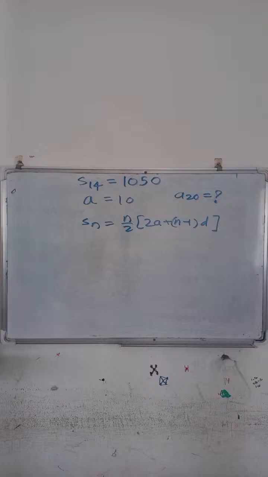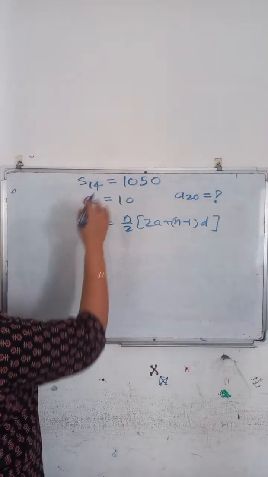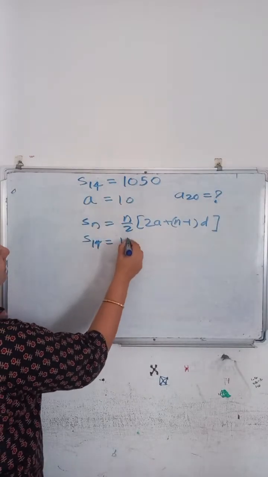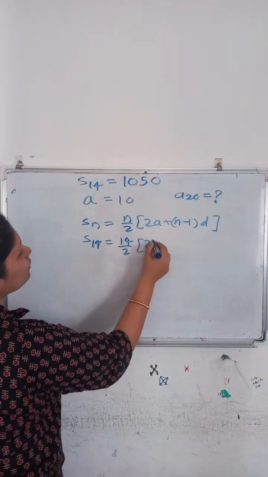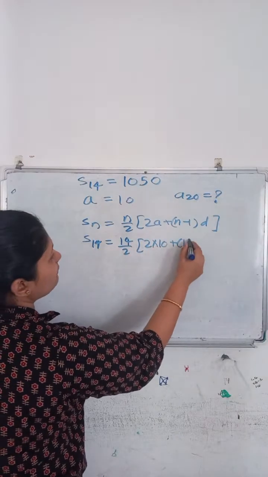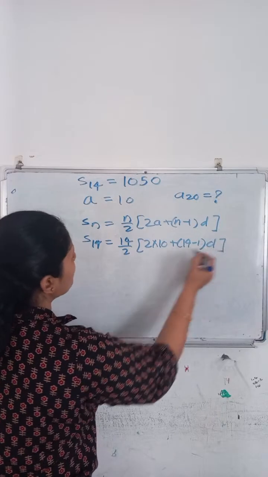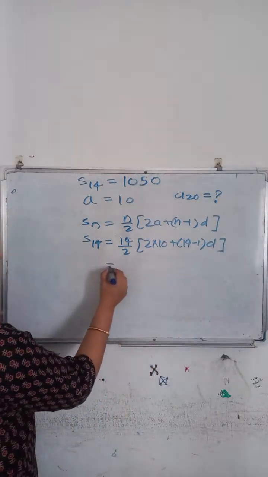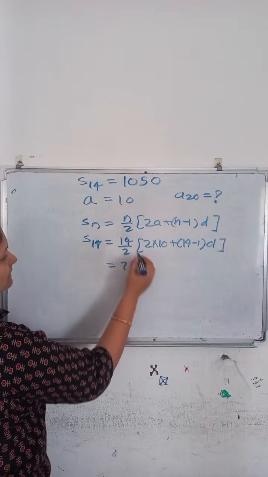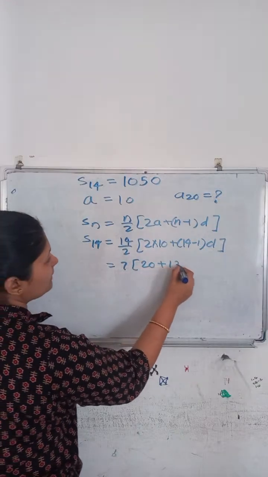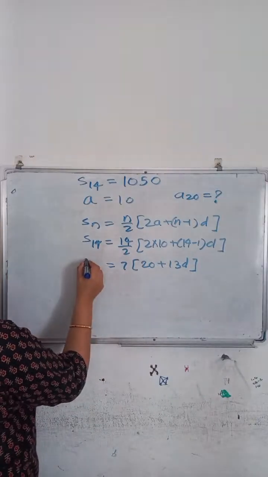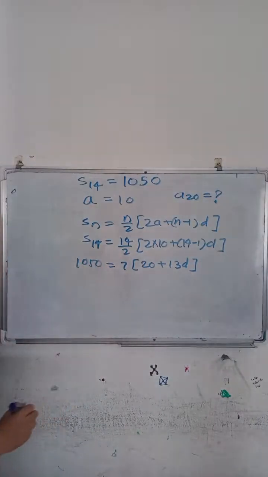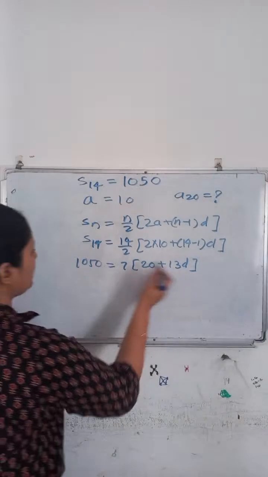Once you write this, put the values in. The sum of the first 14 terms, so n becomes 14. 2a, a is 10, n is 14 minus 1, and the common difference we don't know. Now simplify this. 2 sevens are 14, 20 and 13d, and it is given 1050. Are you getting this? Then simplify further and find the value of d.